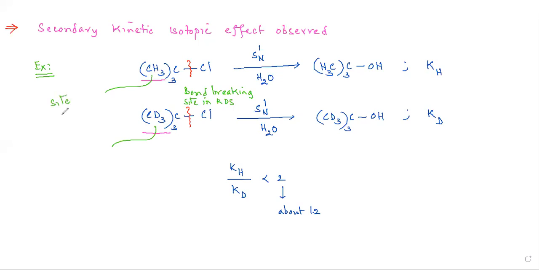And see, it is a site other than the bond breaking site in the rate determining step. Now, if the rate differs in this particular case in the site other than the bond breaking site in the RDS, that is what we call secondary kinetic isotopic effect.